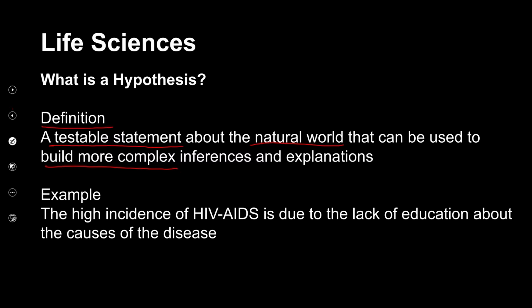Let's have a look at an example here. We might say the high incidence, in other words, there are a lot of people that are infected with HIV. So the high incidence of HIV and AIDS in the world may be due to a lack of education. We're making a statement.